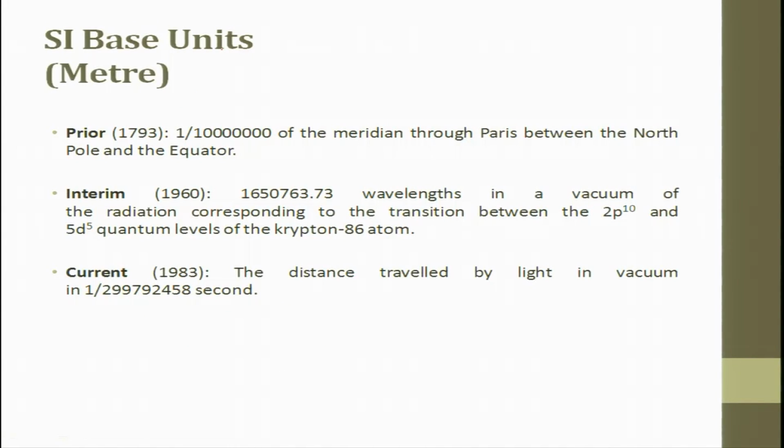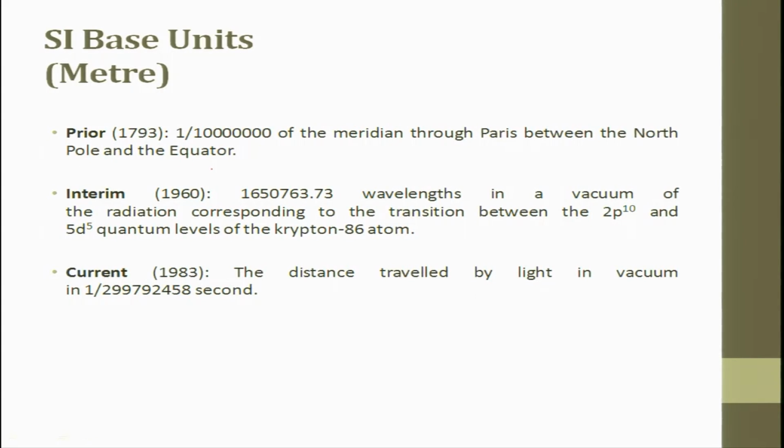So, SI based units. Prior, in 1793, it was assumed to be 1 by 10 to the power 7 of the meridian through Paris between the North Pole and the equator.